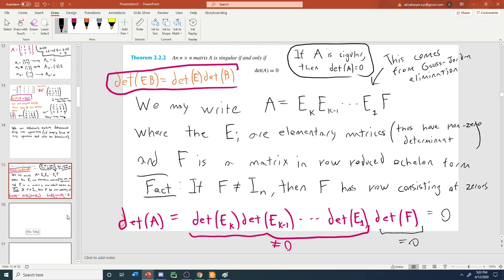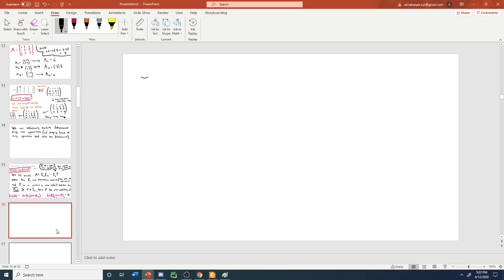This part's really easy to prove. Suppose A is non-singular.